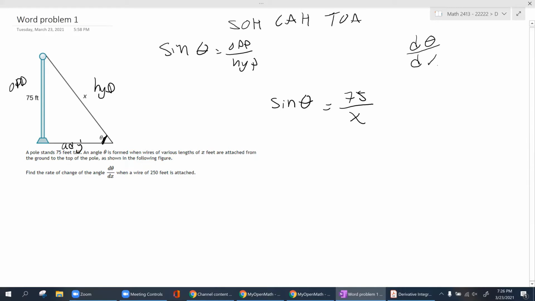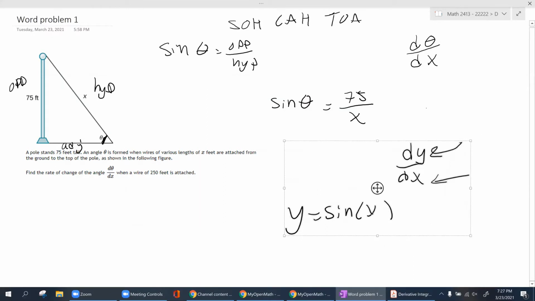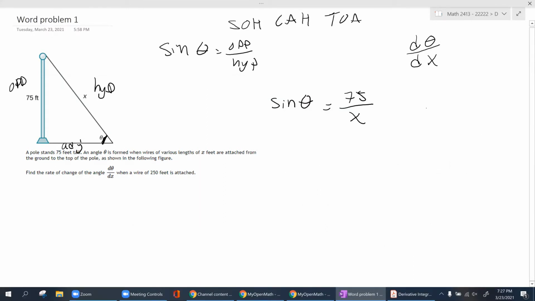Since I'm trying to find this, we said in the previous problem that if I had something like this, the top is telling me which function to derive, and the bottom is telling me with respect to which function. So in other words, I want to get theta by itself.